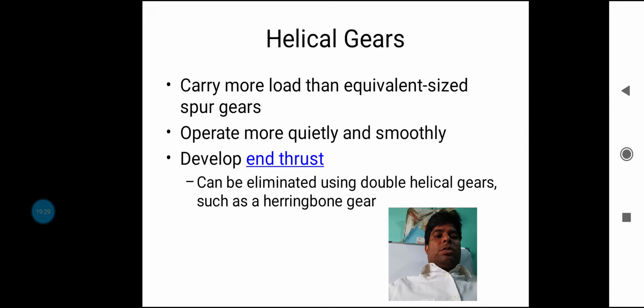That end thrust may be counted or not. If you ignore it, you can follow the design data handbook to see where it can be ignored and how much you can ignore. It can also be eliminated using double helical gear, such as the herringbone gear.